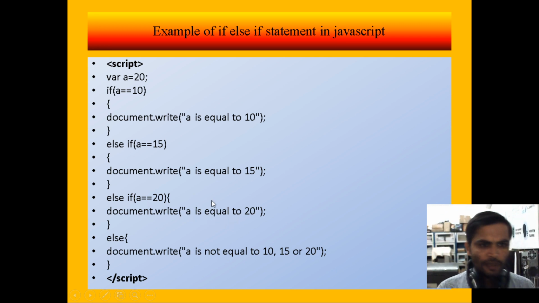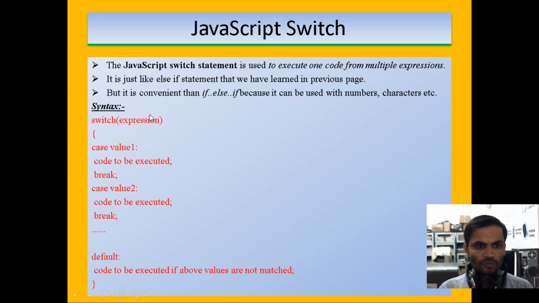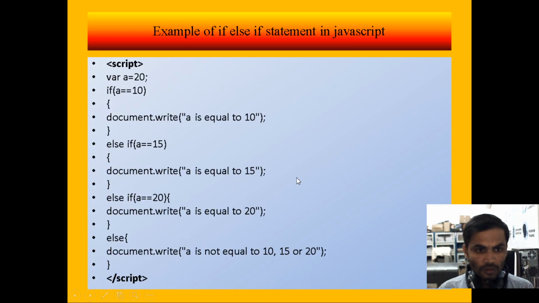See here, for your understanding purpose, you take the a variable and assign the value 20. 20 equals 10, the condition is false. Then it will check here, then go to the next else if. Here the condition is false. Again it will check the third. Then here the condition is true, then it will execute. Then it will not go to the else part.